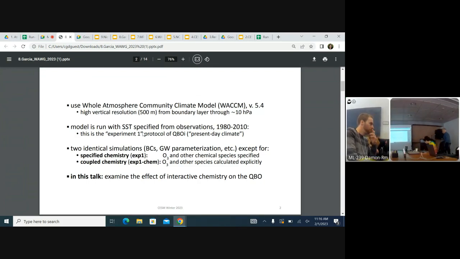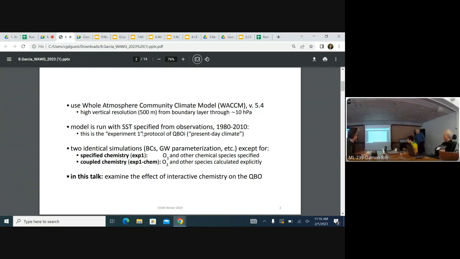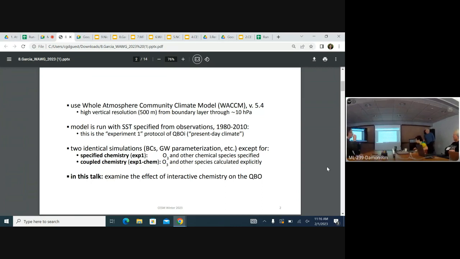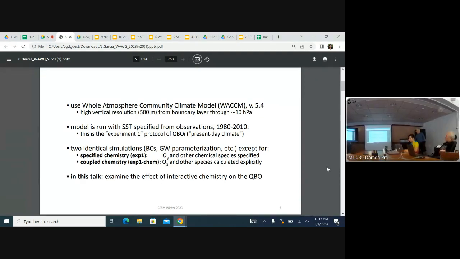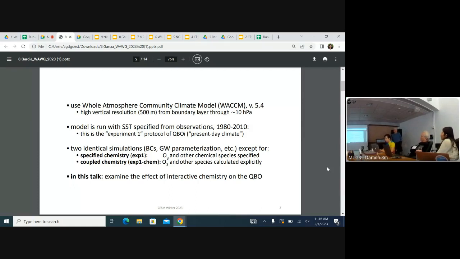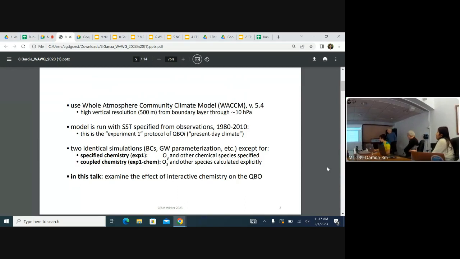Right, so Jen and I have been looking at the difference in the QBO in the 5.4 model. This is a high vertical resolution model, 1 degree horizontal resolution, 500 meters vertical. We had a couple of runs that we made for the QBO-I intercomparison a few years ago, which then COVID intervened and we didn't do anything about it.